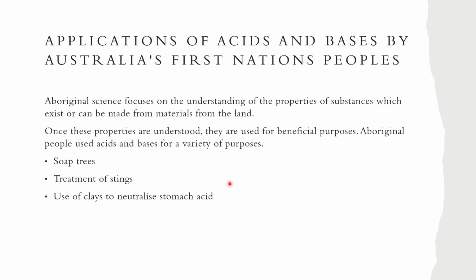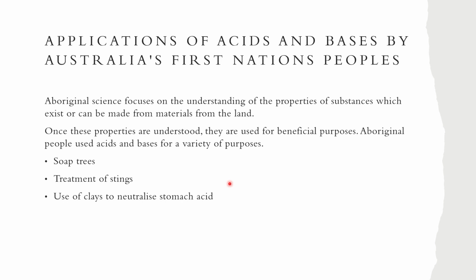Once you know what the properties of those substances are, Aboriginal people are then able to come up with ways to use them, use materials, use the land to their advantage. That's no different when we're looking at natural acids and bases which can be found on the land. Once we understand these properties, we use them for beneficial purposes.